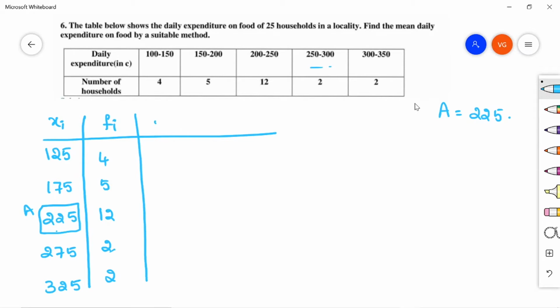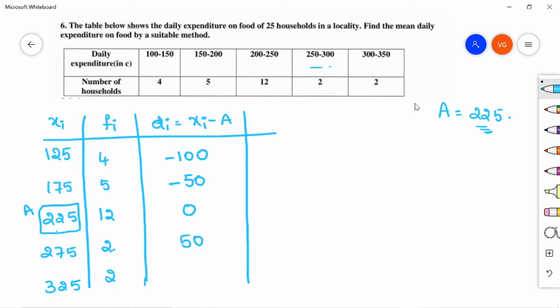The third column is the deviation di equal to xi minus A. We'll find the corresponding deviations for all 5 data entries now. 125 minus 225 will be minus 100. 175 minus 225 is minus 50. 225 minus 225 is 0. 275 minus 225 is 50. 325 minus 225 is 100, right?